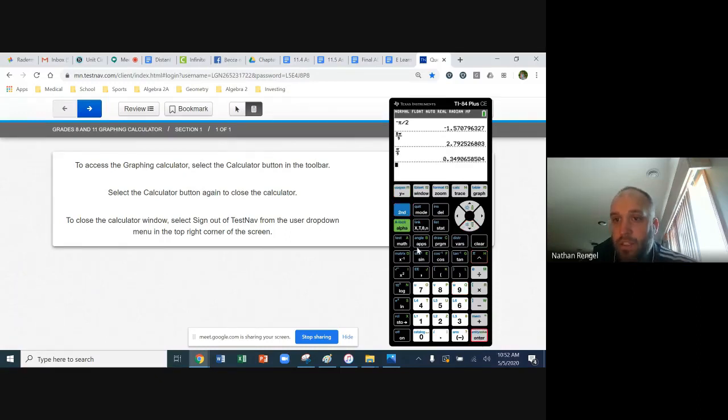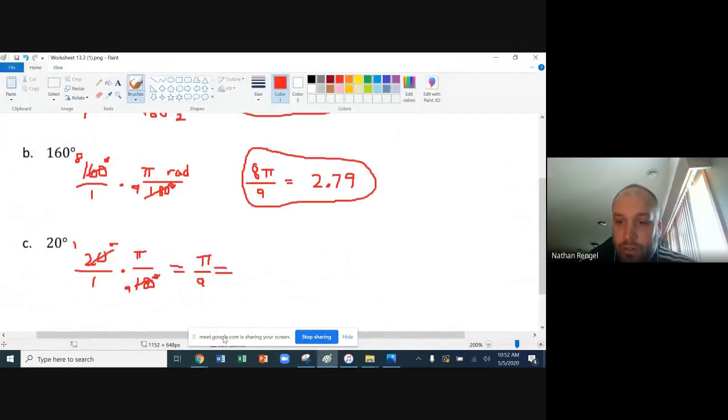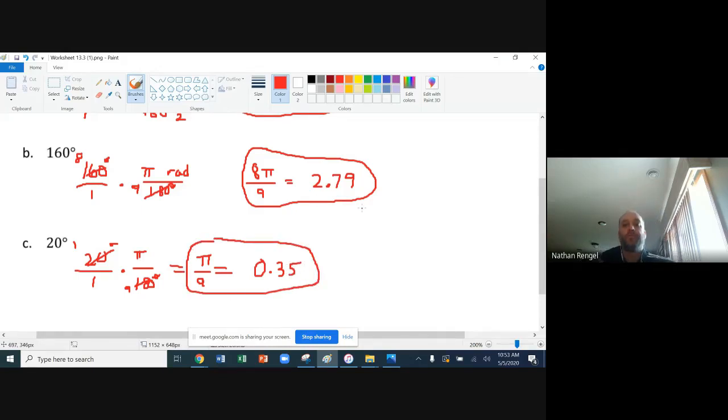And that'll be our decimal measure. So 0.349, the 9 makes that 4 round up to a 5, so we get 0.35. And that's the amount of arc length for our unit circle to go 20 degrees. So there's our 3 results when we take degrees and convert them to radians. The amount of arc length to go around your circle is given as these radians.